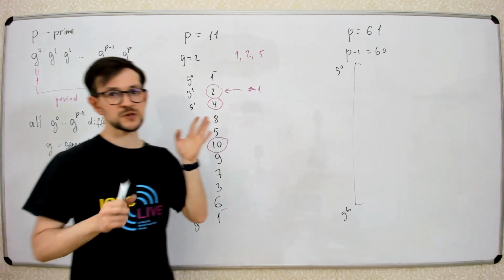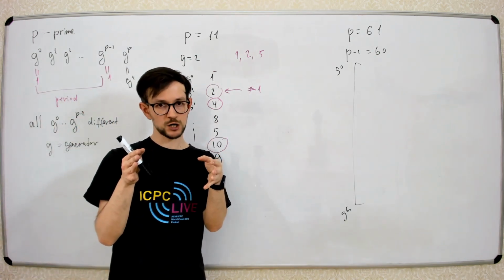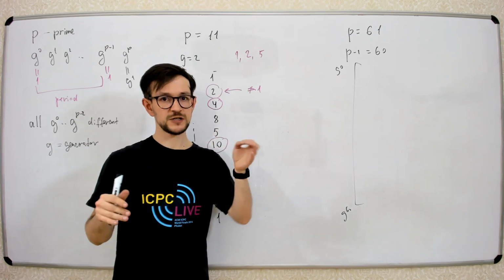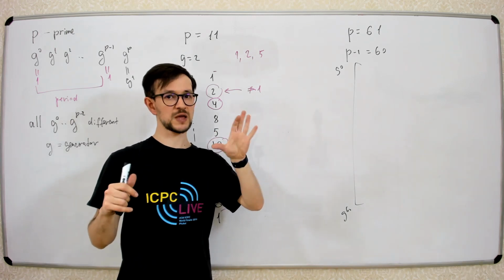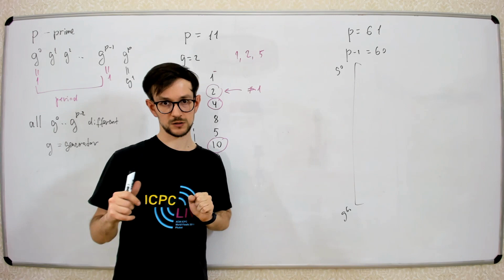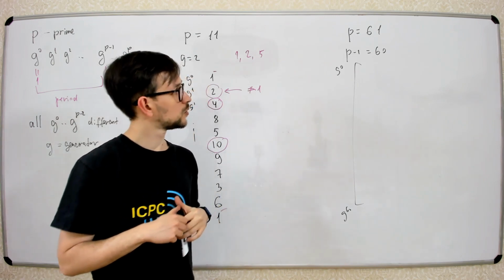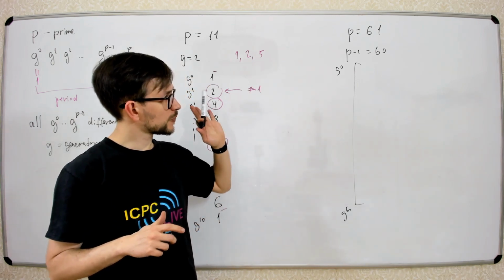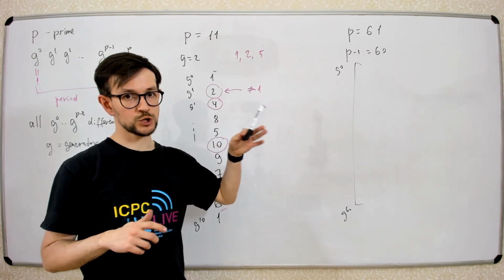I claim there is a small number of divisors I need to check, and it will guarantee that there is no period of length less than 60. What do you think? Which periods are actually important to check?